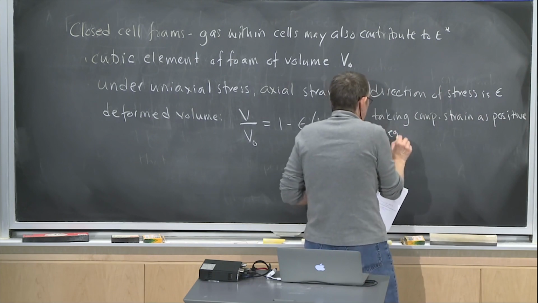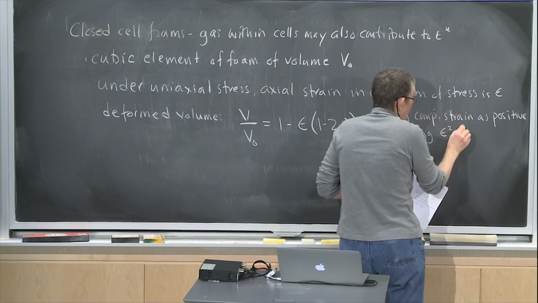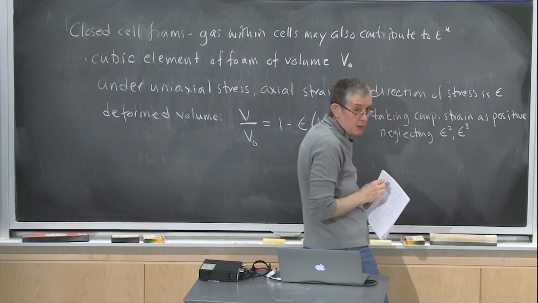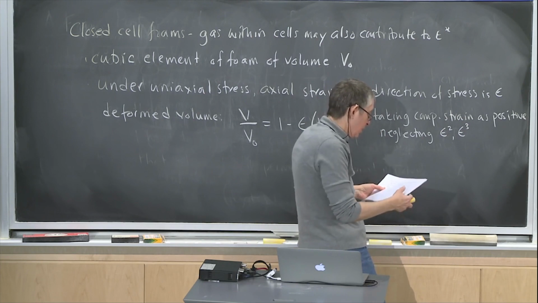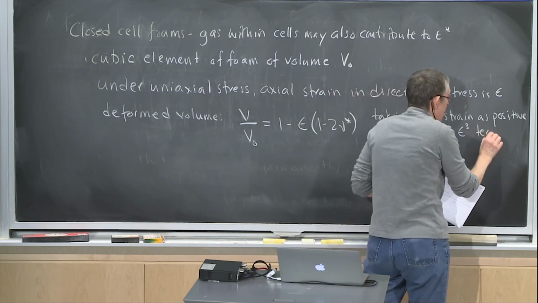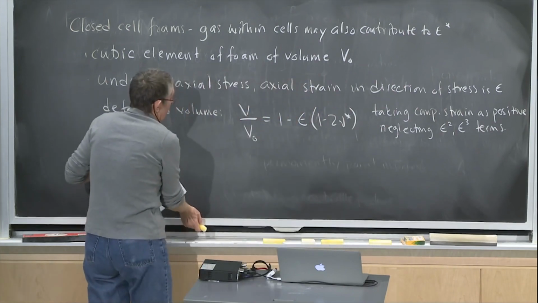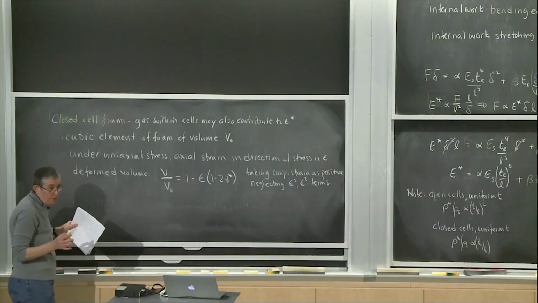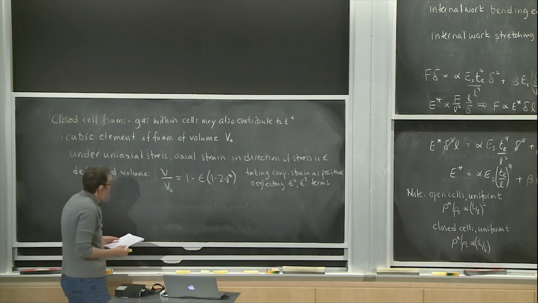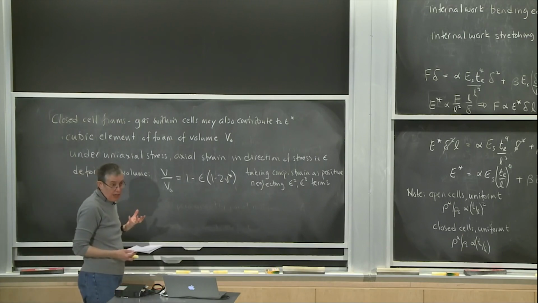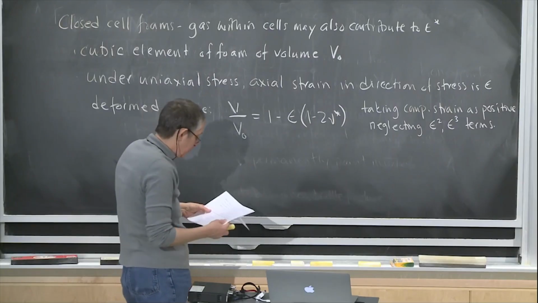And if you do this whole volume thing, you'll get terms in epsilon squared and epsilon cubed, but because it's linear elastic, epsilon is going to be small. I'm going to ignore the epsilon squared and the epsilon cubed terms. So that's the total volume of the foam after and before the compression. And then what I want is the volume of the gas, and the volume of the gas is just going to be the volume minus the volume of the solid.